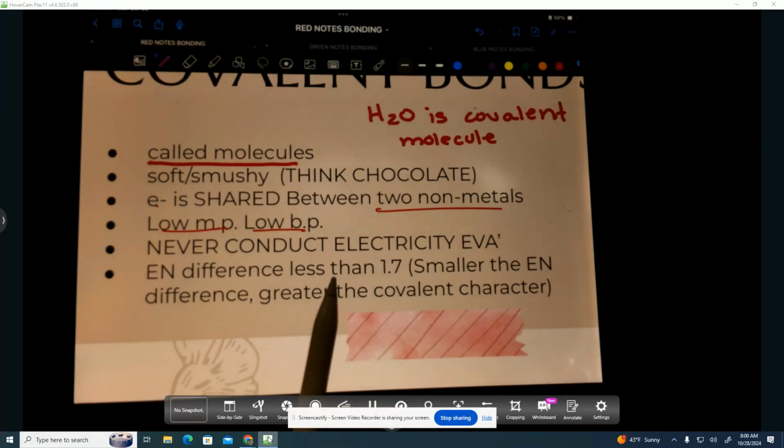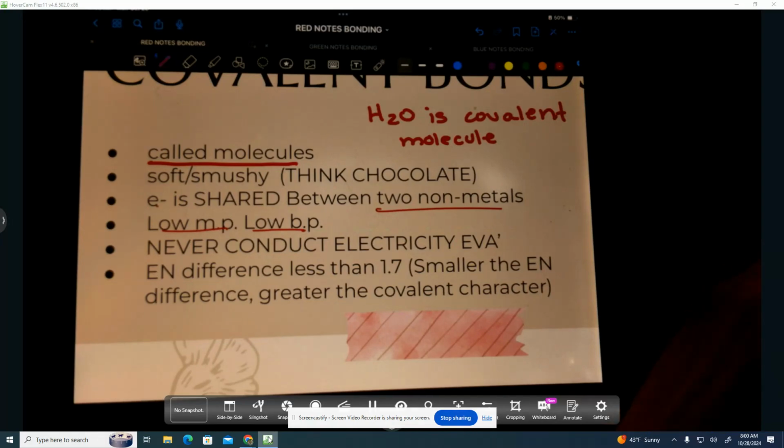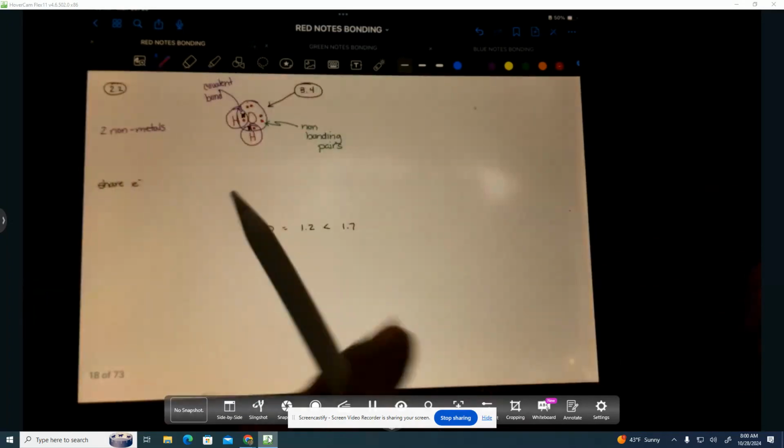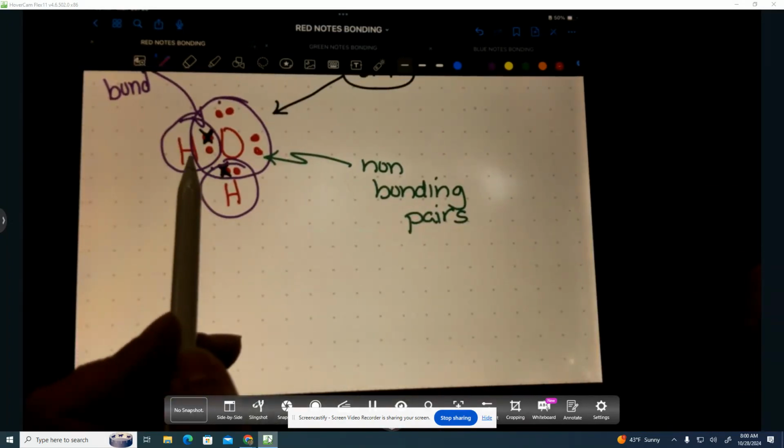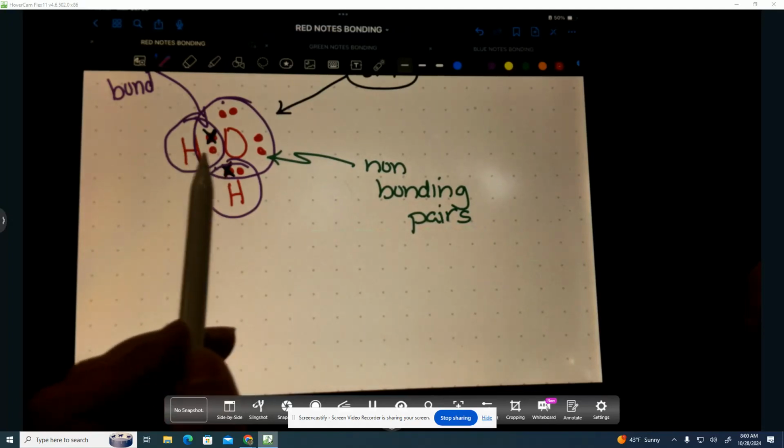What is electrical conductivity? What do we need in order for there to be electrical conductivity? Well, metals do conduct electricity, but what do we need in order for there to be electricity? Movement of electrons or ions. Are these electrons moving? Nope, they're locked in place right in between those 2. Okay? They are locked in place.